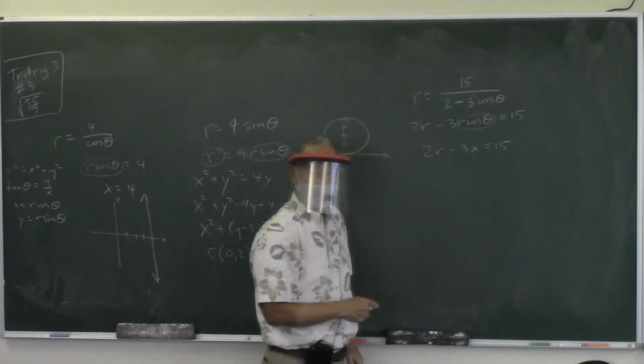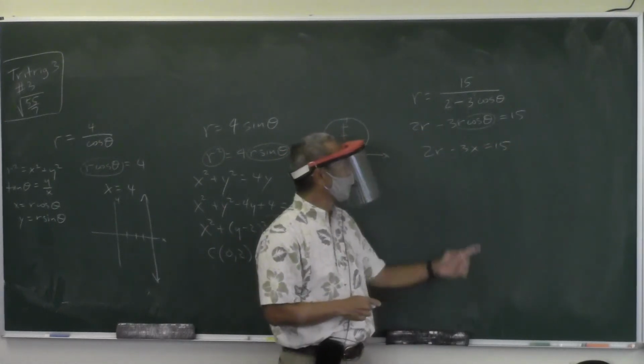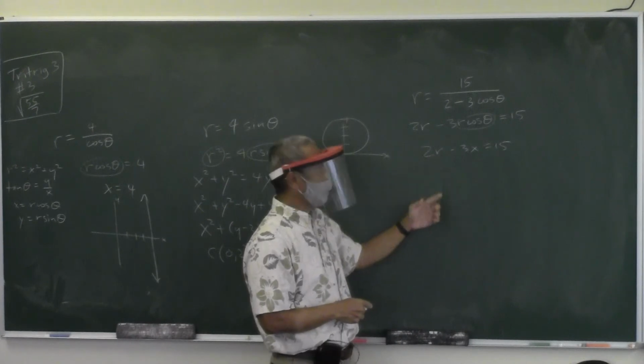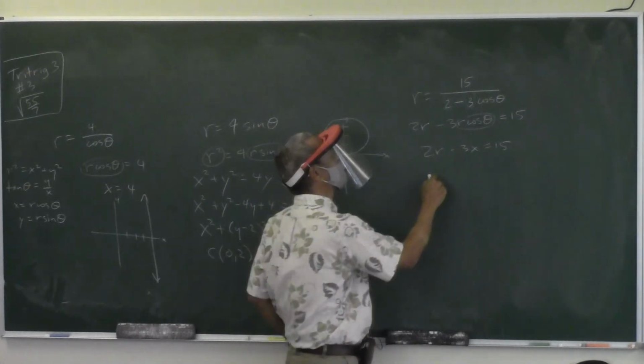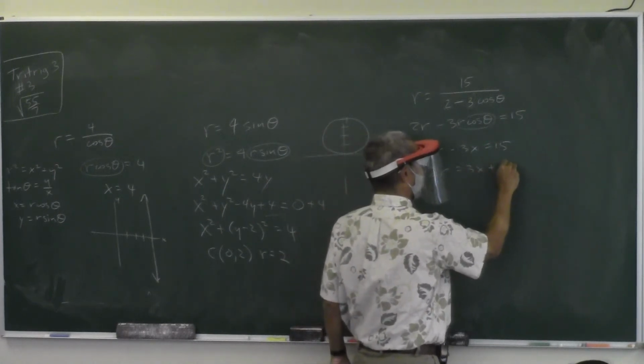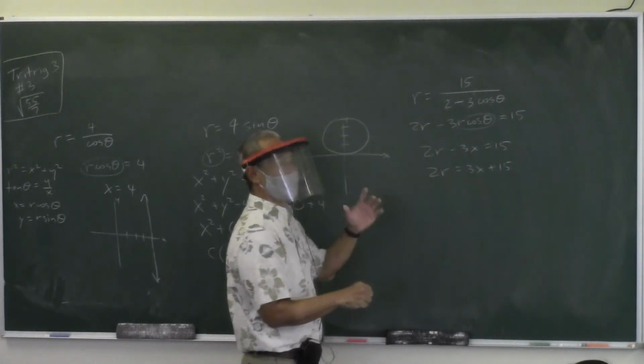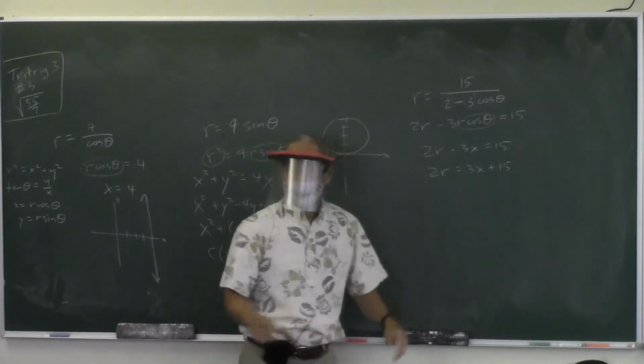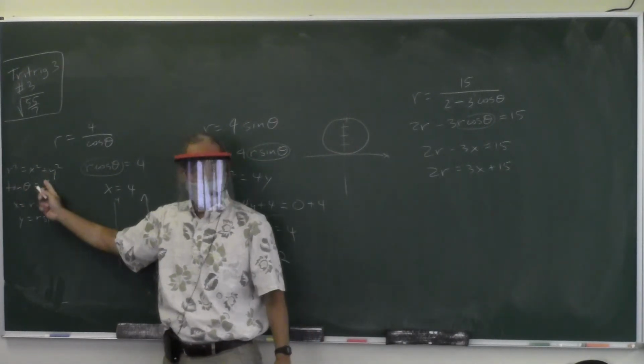Okay, did I change it to a rectangular equation yet? No, because I still got an r there. So what do I do? Okay, why don't I just tell you? Isolate the r term and then square both sides, because you want r squared, because r squared is x squared plus y squared.